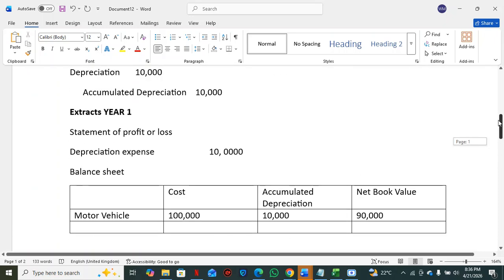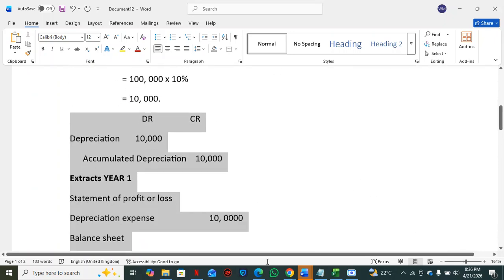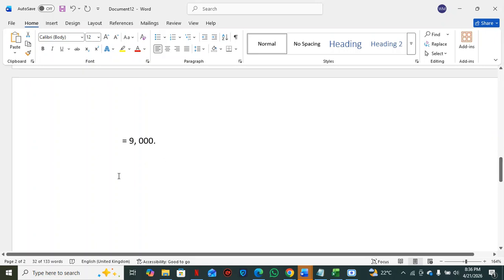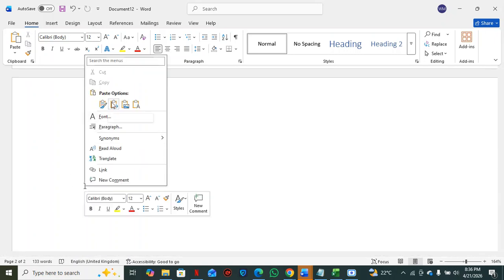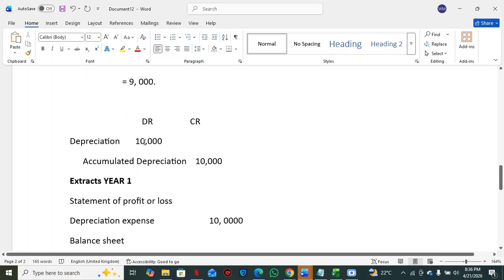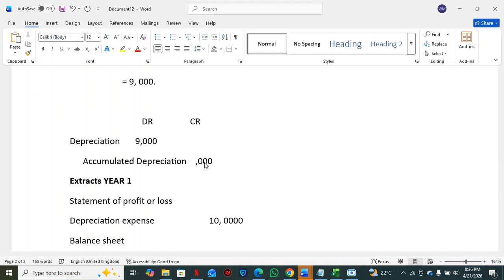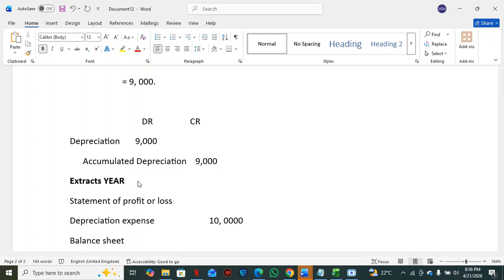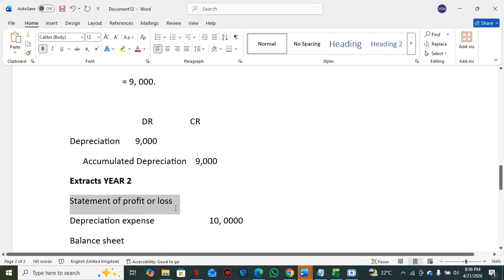So the journal entry: debit depreciation expense, and then you credit accumulated depreciation. Debiting depreciation expense 9,000, crediting accumulated depreciation 9,000. So on the financial statements for year two, statement of profit or loss, depreciation expense 9,000.